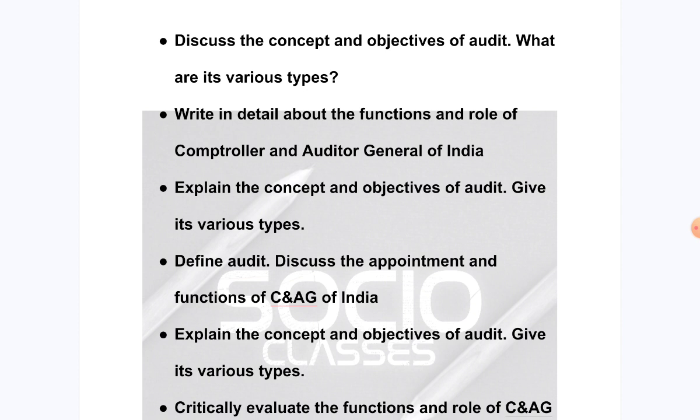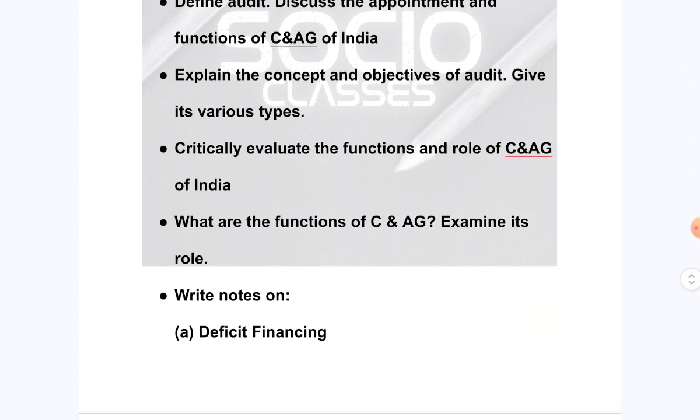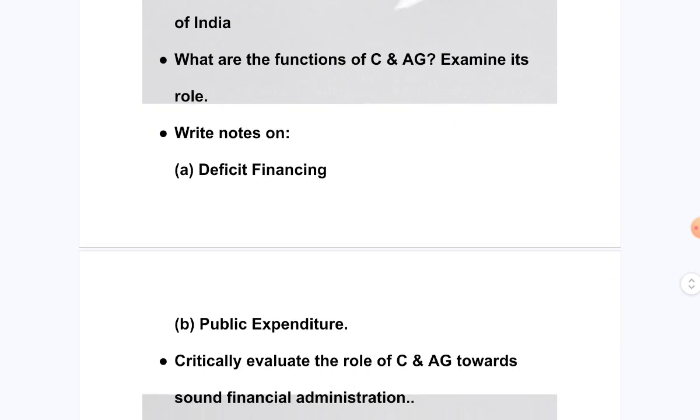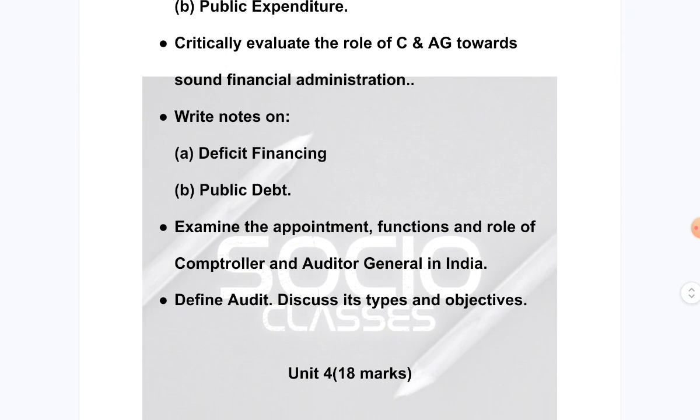Explain the concept and objectives of audit. Give its various types. Critically evaluate the functions and role of CAG of India. What are the functions of CAG? Examine its role. Write notes on deficit financing, public expenditure.